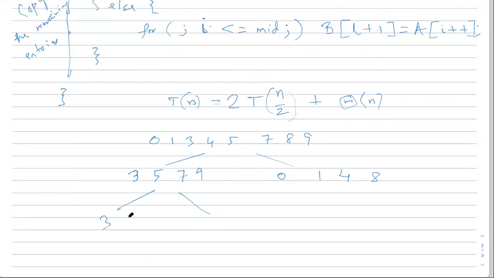So I split 3, 7 and 5, 9, 4, 8, and then 0, 1.